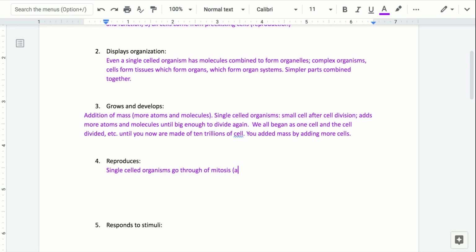It's really a form of asexual reproduction. And that produces two cells with the same genetic material as the parent cell.